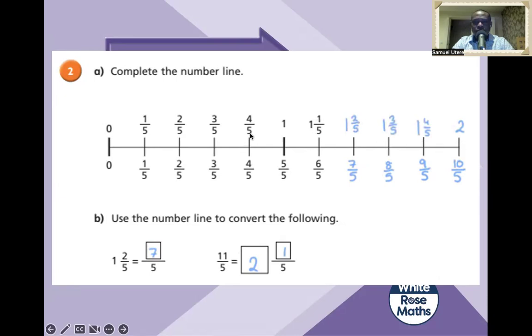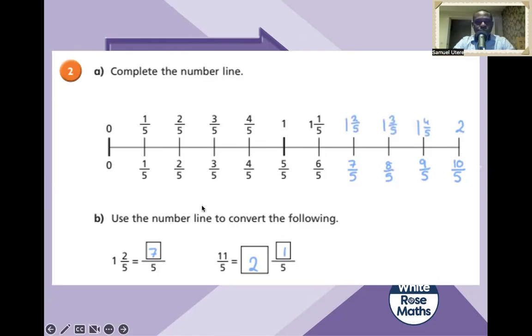And you can see that they increase by 1/5 every time. So that will be 1 and 2/5, 1 and 3/5, so on and so forth. You can see that this one is 2. Why? The next one will be 1 and 5/5, which is obviously, 5/5 is 1. So it's a bit like saying 1 and another 1, which is 2.